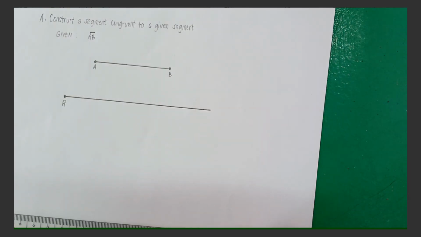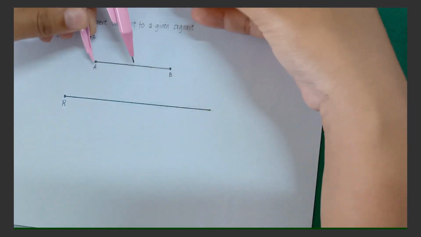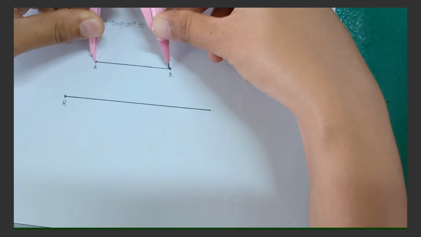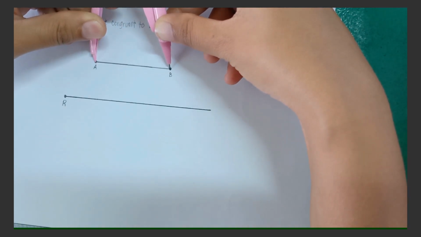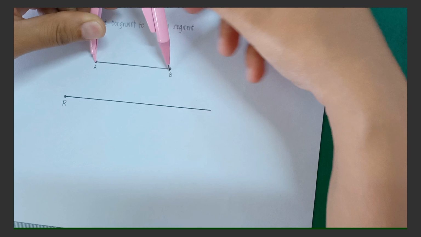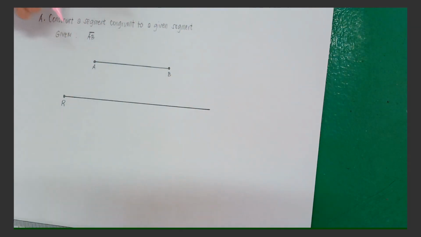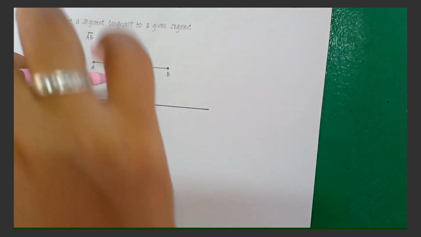Place the compass at the tip of point A of the given segment and adjust your compass to a width equal to the length of AB. So our point is here, and then adjust the opening to the same length as AB. Using the same compass setting, place the compass tip at point R and draw an arc.